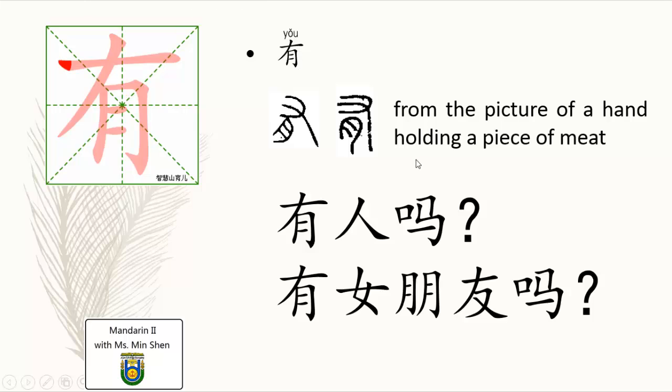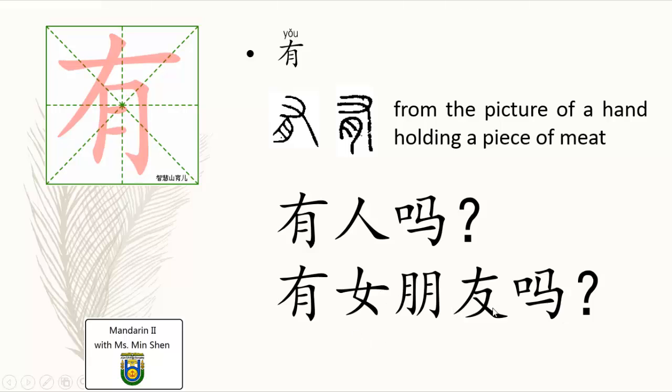You can imagine Asian people, when they share a prey, they will ask people, do you have your share already? And people hold it and raise the piece of meat, say, I have, right? 有. So 有人吗? Is there anyone around? 有女朋友吗? Have a girlfriend?